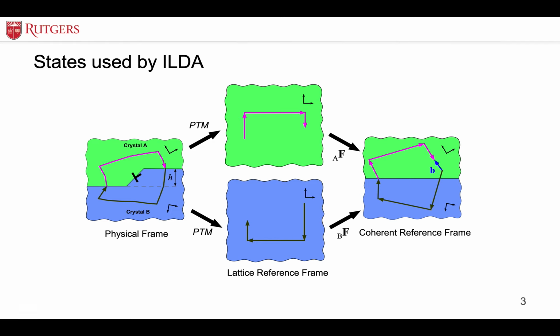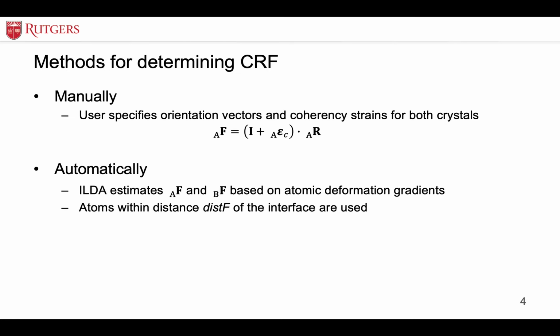And the way to think about the coherent reference frame is that it is the state of the crystals within which the 2 crystals are coherent somehow. So for example, it would be like a sigma orientation for a grain boundary. And so the way you have to specify that is with these Fs, they have a rotation matrix and a stretch matrix.